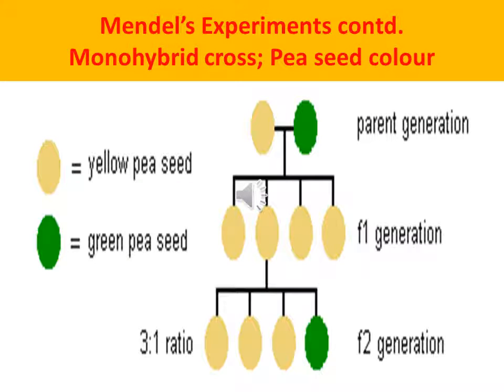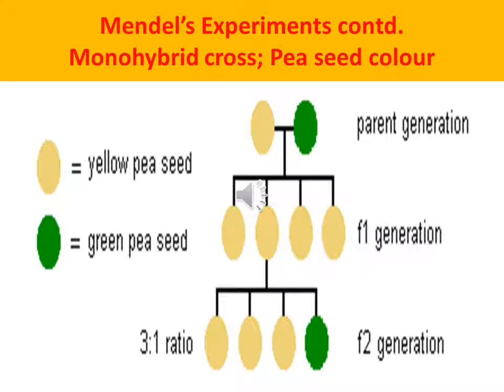Mendel also examined pea seed color. In this experiment, true breeding yellow seeded peas were crossed with true breeding green seeded peas as parental plants.